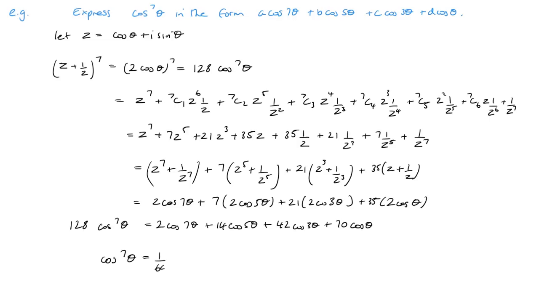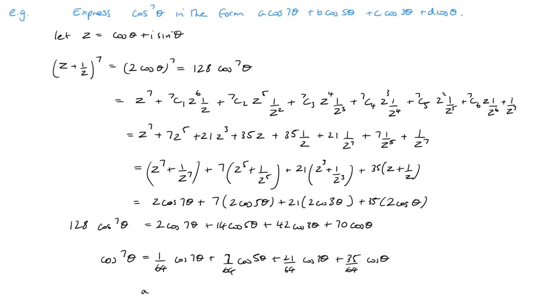So we've got 1 over 64 cos 7 theta plus 7 over 64 cos 5 theta plus 21 over 64 cos 3 theta plus 35 over 64 cos theta.